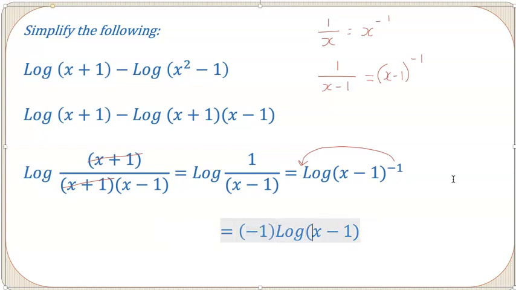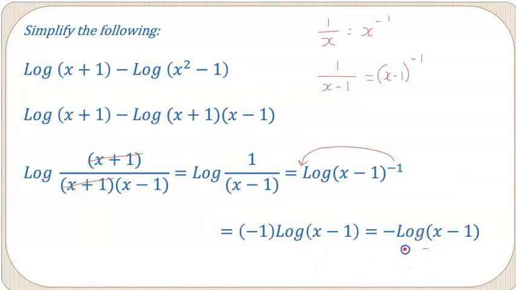And since it's negative 1, we know that's just equal to negative log x minus 1. And we have moved from this expression up top to our answer being just that, negative log x minus 1.